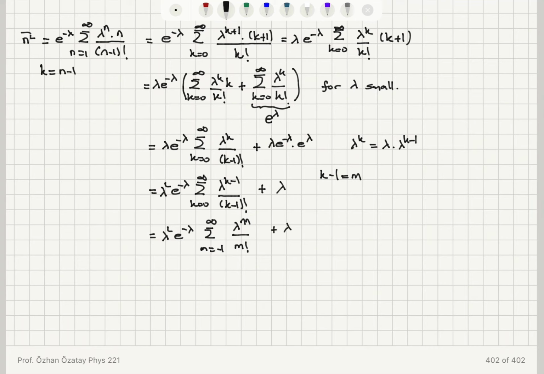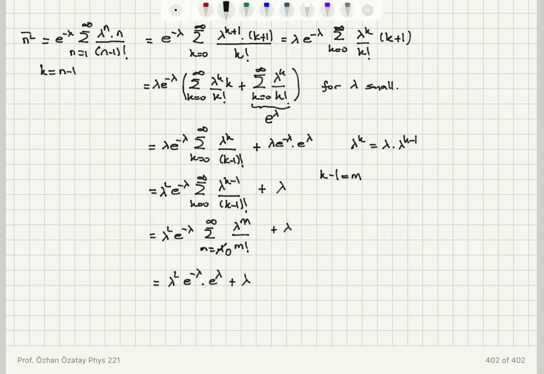Now since we cannot start from minus 1, because that would give us minus 1 factorial, which is not defined, we have to start from 0. And this is going to become now lambda square e to the minus lambda e to the plus lambda.